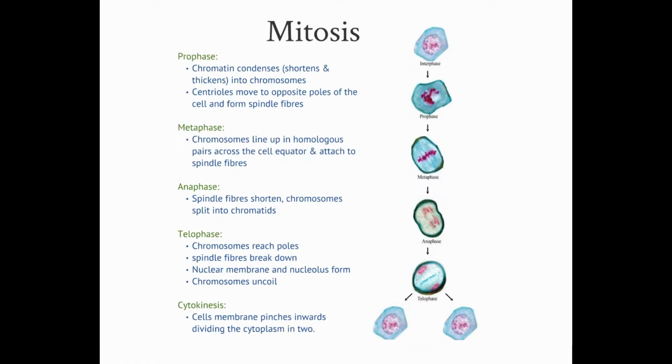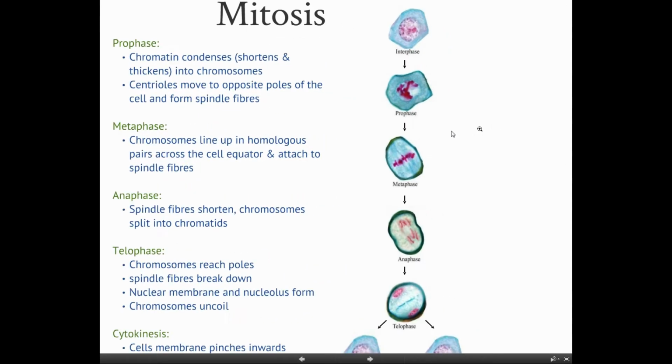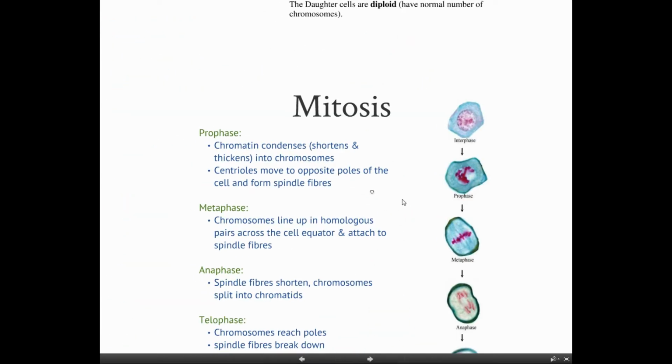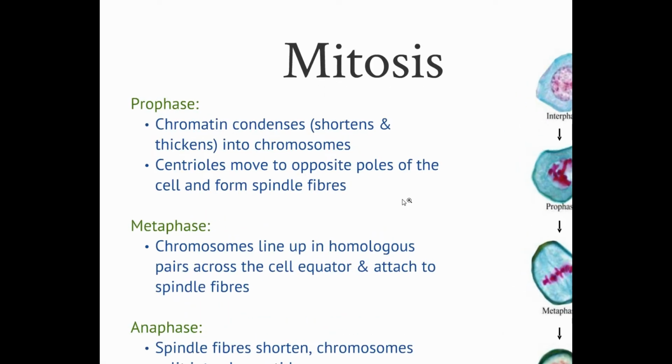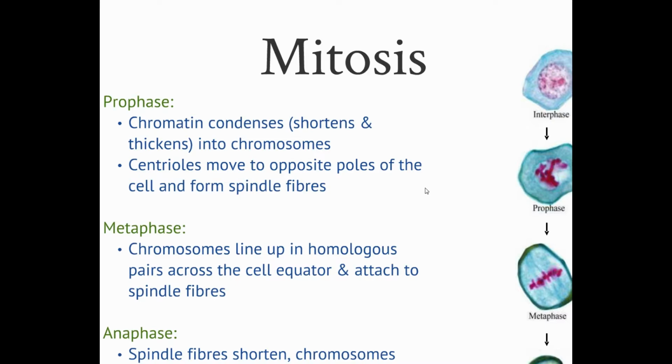So moving down. Okay, so here are the key phases of mitosis, and I'll just zoom in a little bit. There we go. So the first phase is prophase. So interphase is that kind of in-between phase where the DNA is actually copied. And then we go on to prophase as the start of the actual nuclear division.